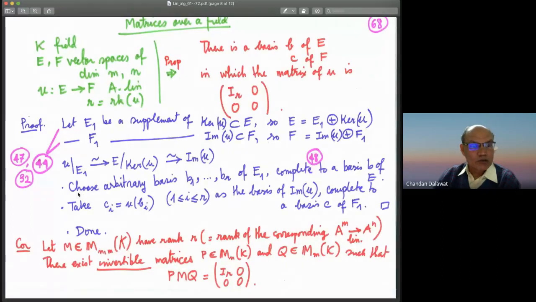So now I choose a basis B1 to BR of E1. What is the dimension of the kernel of U?